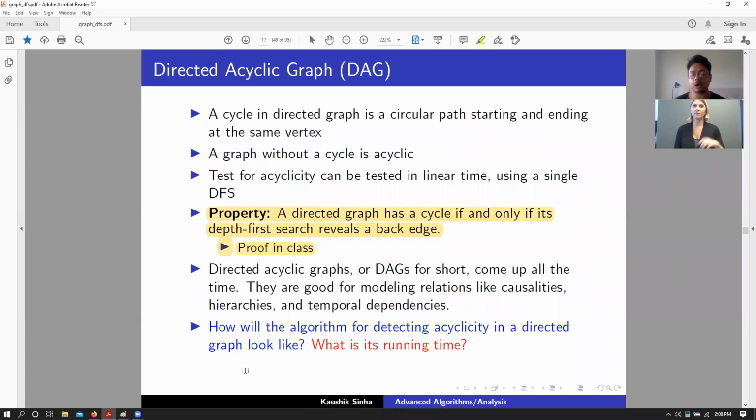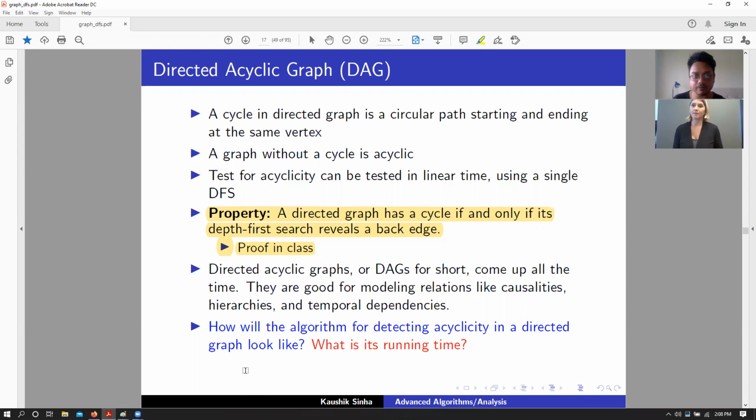So now that we have talked about edges, forward edges and back edges, let's talk a bit more about directed graphs. A directed acyclic graph, or a DAG, is essentially a graph which does not have any cycles. Now, what are cycles? When we had an undirected graph, there was no concept of cycles.